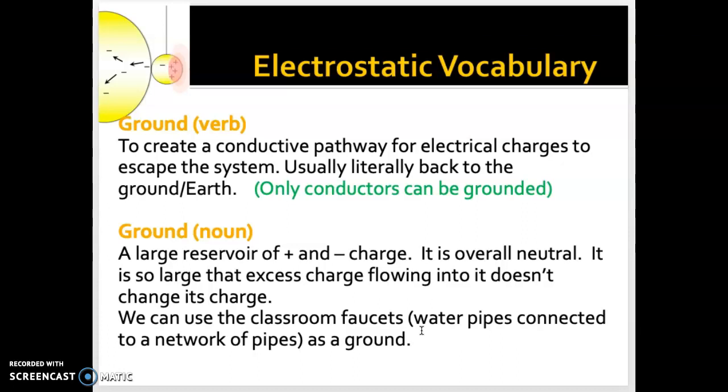It's a large reservoir of charge, so if you put some extra charge on it, the extra charge will flow into it, and it'll still stay overall neutral just because it's so big. The ground has a lot of charge, so a little bit of extra charge is just going to flow around and not significantly change the charge of the ground, but it will discharge. Whatever charge wants to leave this thing will go onto there.